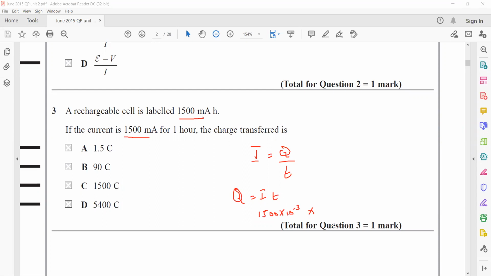The time is in hours, but we have to convert into seconds, because ampere is coulomb per second. So this will be 1 multiplied by 60 minutes, multiplied by 60 to convert into seconds. When we solve, the value of Q comes out as 5400 coulomb.